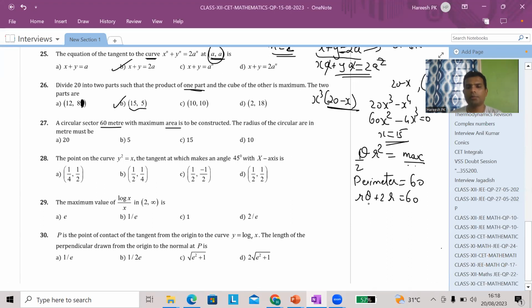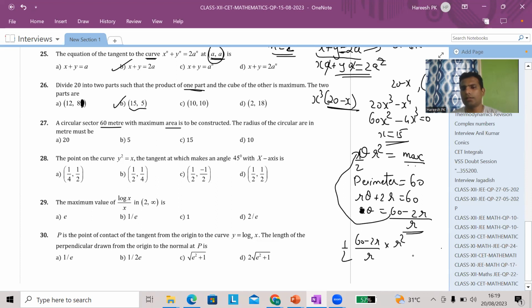So let's get an expression for theta. R theta is nothing but 60 minus 2r, or theta is 60 minus 2r by r. Now let's substitute that here. So 60 minus 2r by r into r square into half, this must be maximum.